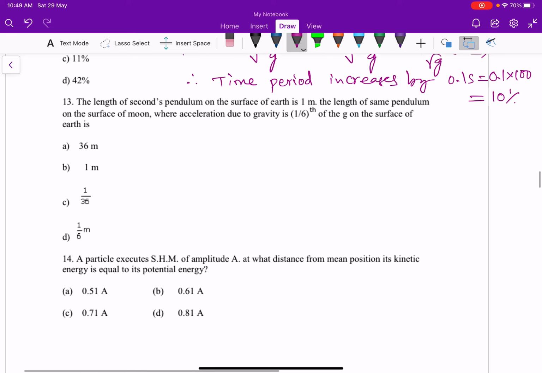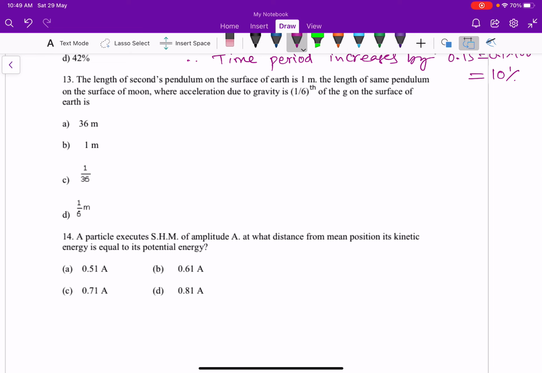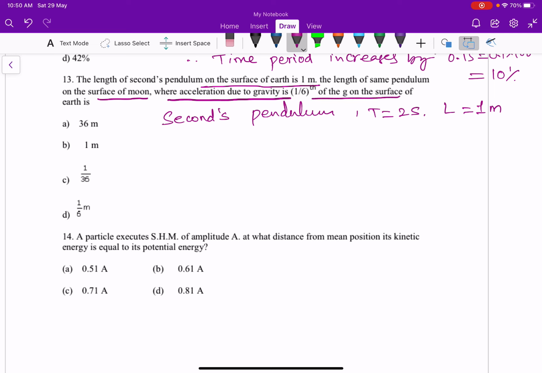Answer is 10. The length of the seconds pendulum on the surface of Earth is 1 meter. A seconds pendulum is one whose time period is 2 seconds, for which the length is 1 meter. The length of the same pendulum on the surface of the moon, where acceleration due to gravity is 1/6 of g on the surface of Earth.